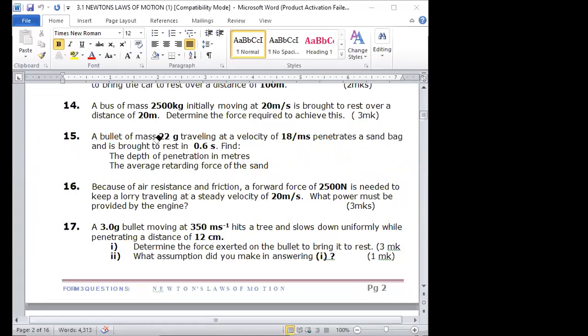Brian, 125 watts. Yes. Okay. Do you have some other students who are still getting 125?